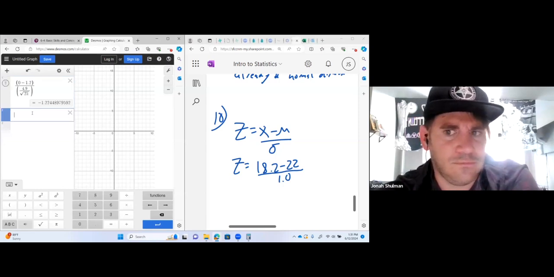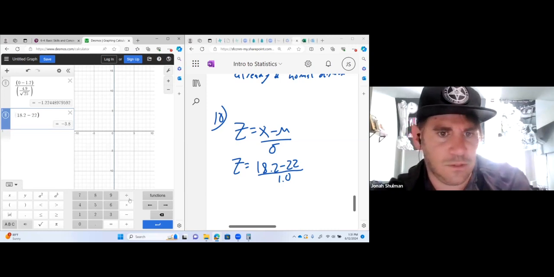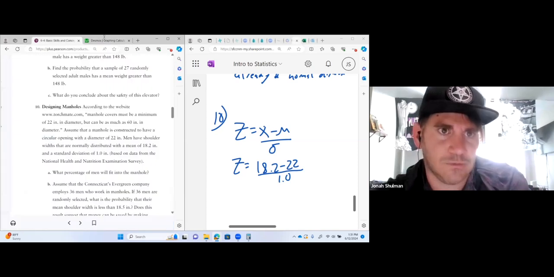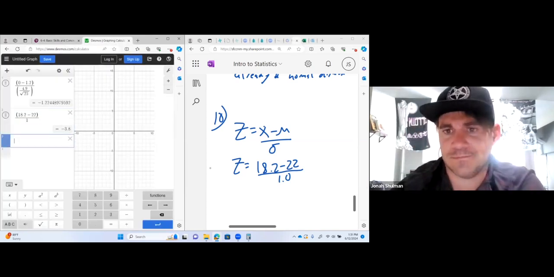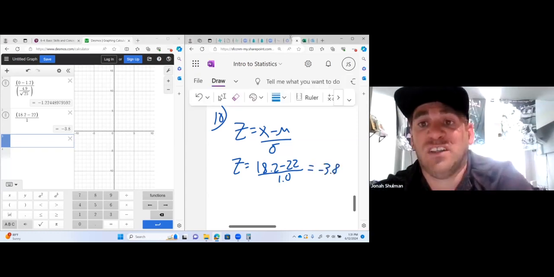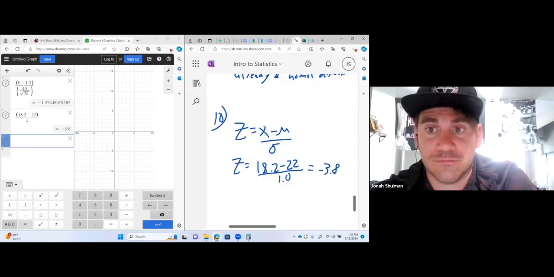So here we go. It's going to be 18.2 minus 22, this whole thing divided by 1. Is it just divided by 1? Just 1.0? That's what it is. That's nice. So it's a negative 3.8 is our z-score. So I feel like everybody will be able to fit into this manhole with a z-score that low.